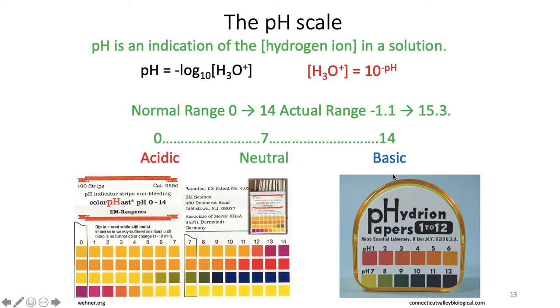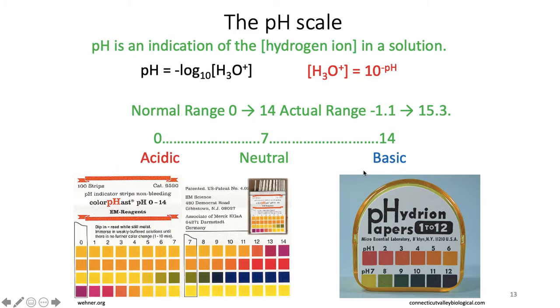The opposite is true with basic solutions. In these solutions, the OH minus concentration is larger than the H3O plus concentration, and that means you have an excess of OH minus ions. That makes the solution basic. These values are from a little higher than 7 all the way to 14. This is for the pH scale.